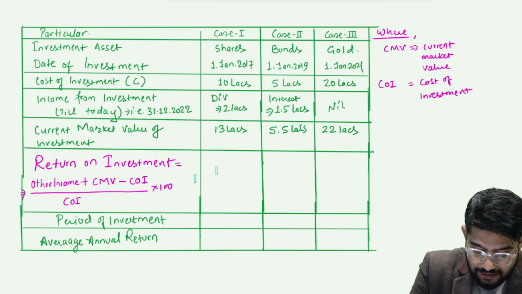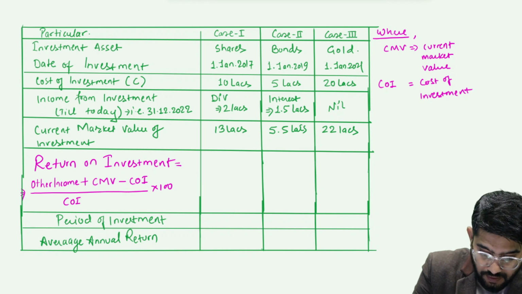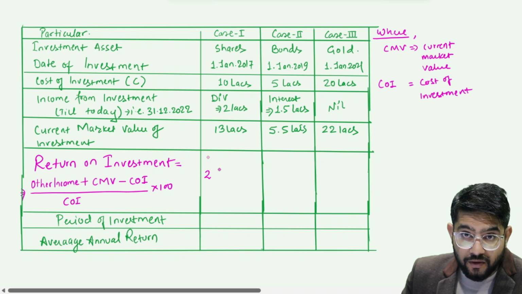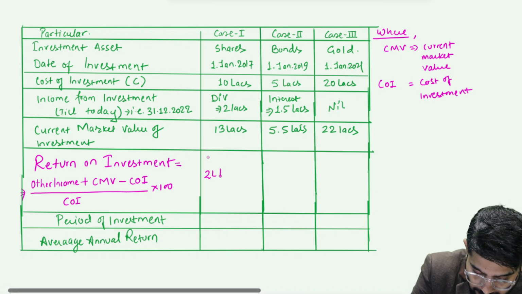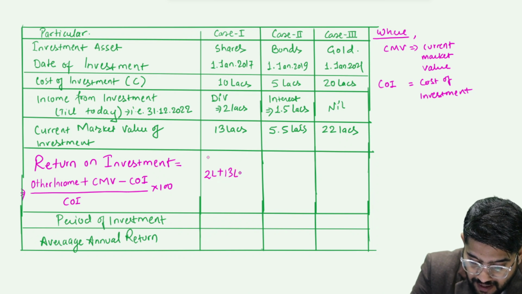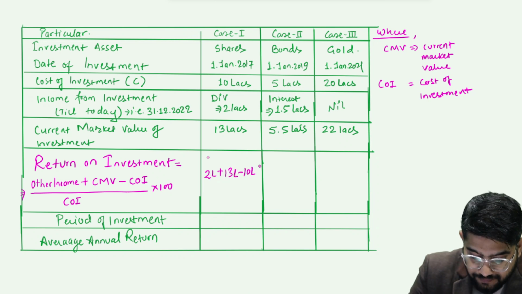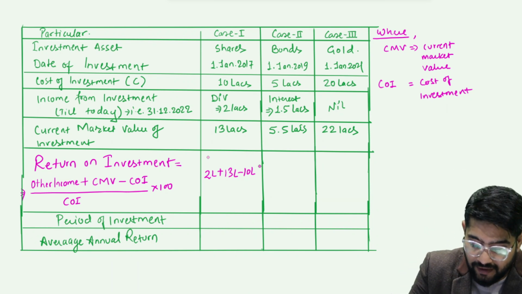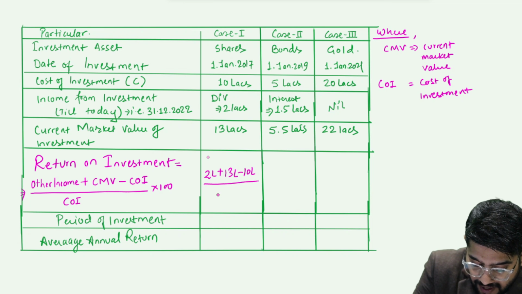In the first case, our other income is 2 lakhs, and the current market value is 13 lakhs, and our cost of investment is 10 lakhs. So 3 lakh is our capital gain and 2 lakh is our other regular income, divided by the 10 lakh at which we made our investment.